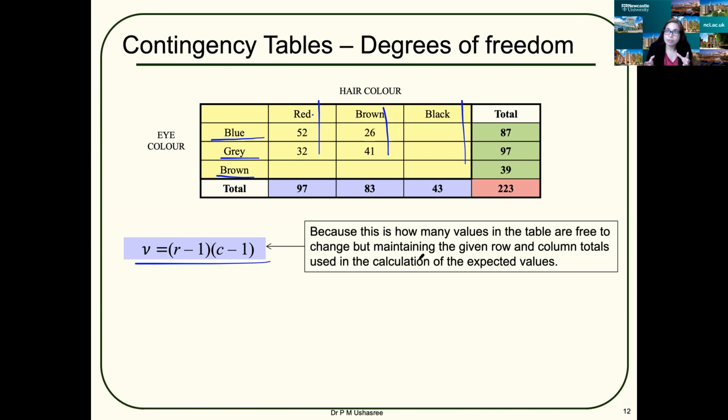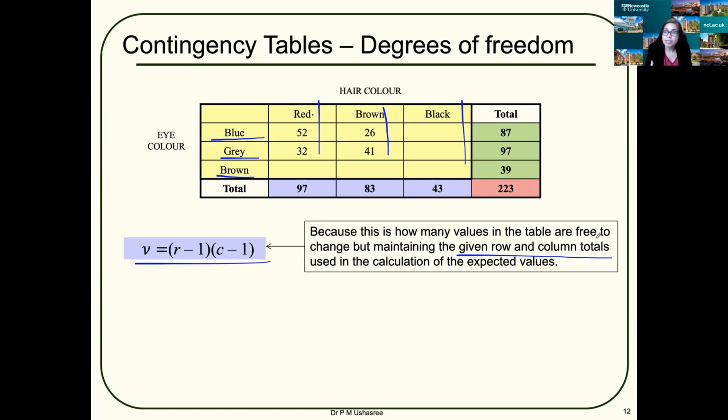Taking an example of 3 or 4 students and adding the numbers to 10, we can see how maintaining the given row and column totals used in the calculation of the expected values changes the degrees of freedom.